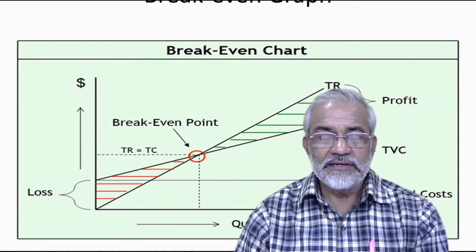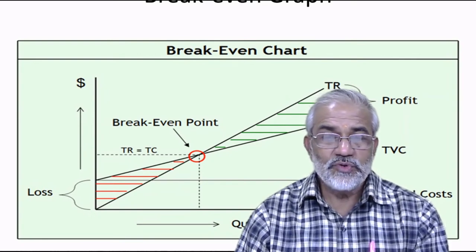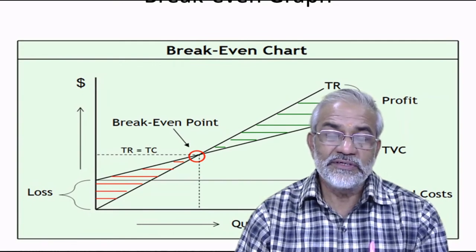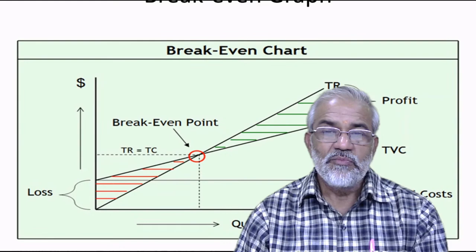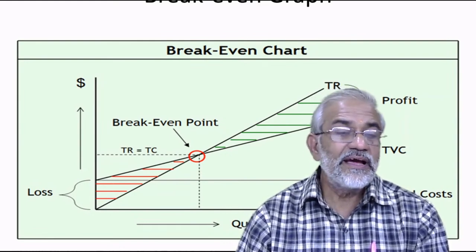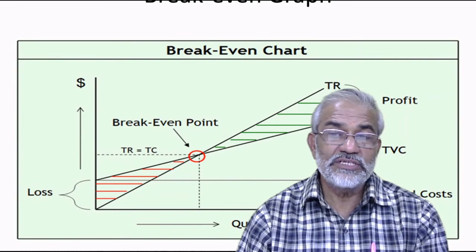At the point of intersection there is no profit and no loss, and thereafter, as the volume of sale increases, more and more profit is earned. That is marked as the profit area, and here on the left-hand side it is marked as the loss area.